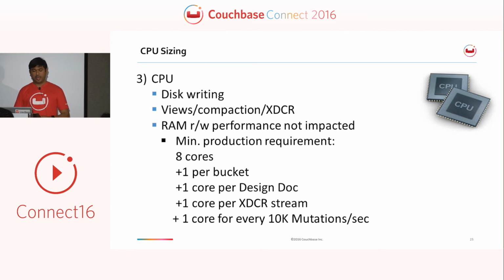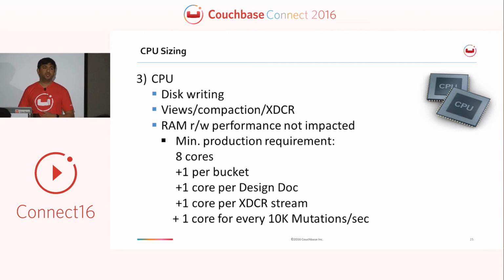CPU and network. Mostly the bottlenecks for sizing would be either RAM or disk. CPU and network are not major ones, but you still need to understand that they do contribute in case there is a resource crunch. The main thing is the disk writing.